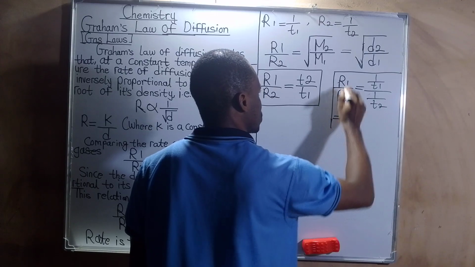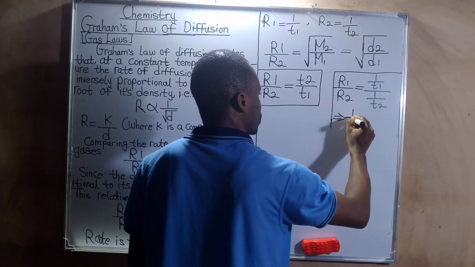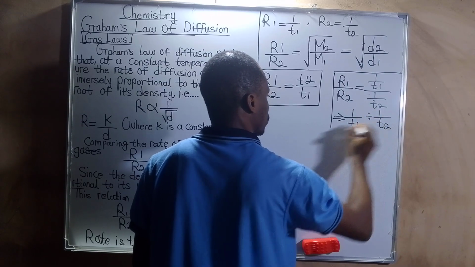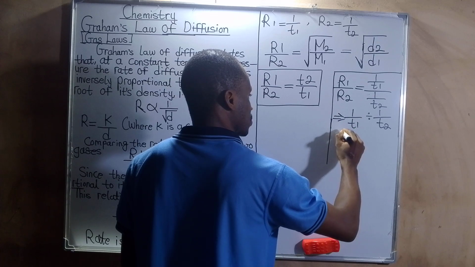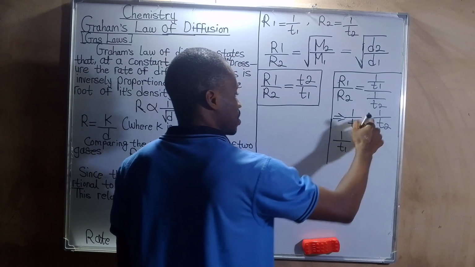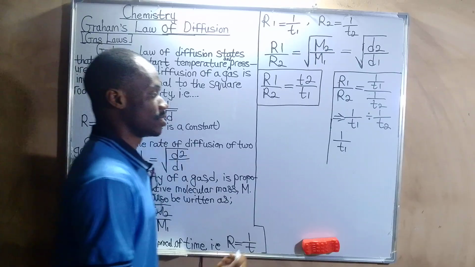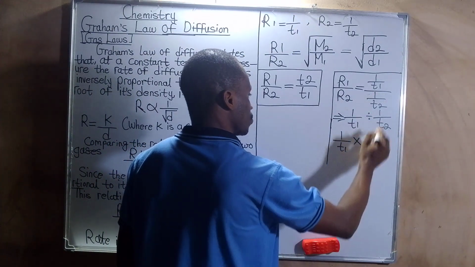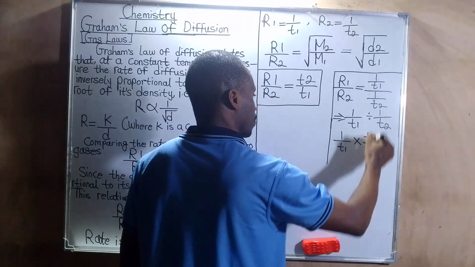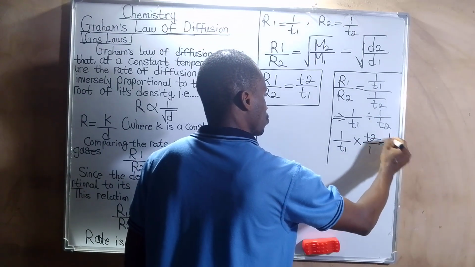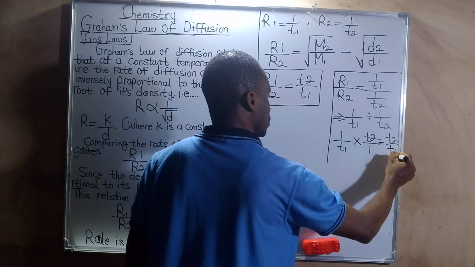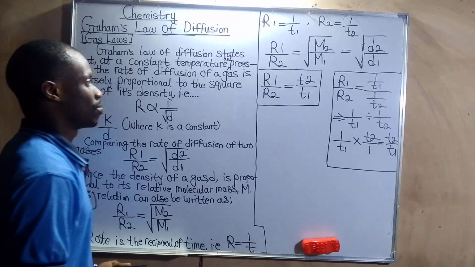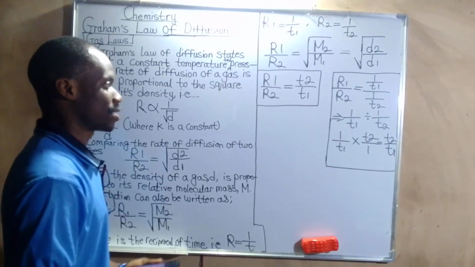So we say 1 over T1 divided by 1 over what? T2. Remember division of fractions: we change the division sign to multiplication sign, then T2 goes up and your 1 comes down. So it becomes T2 over T1. I think you can see this now. So that's why we have R1 over R2 is equal to T2 over T1.